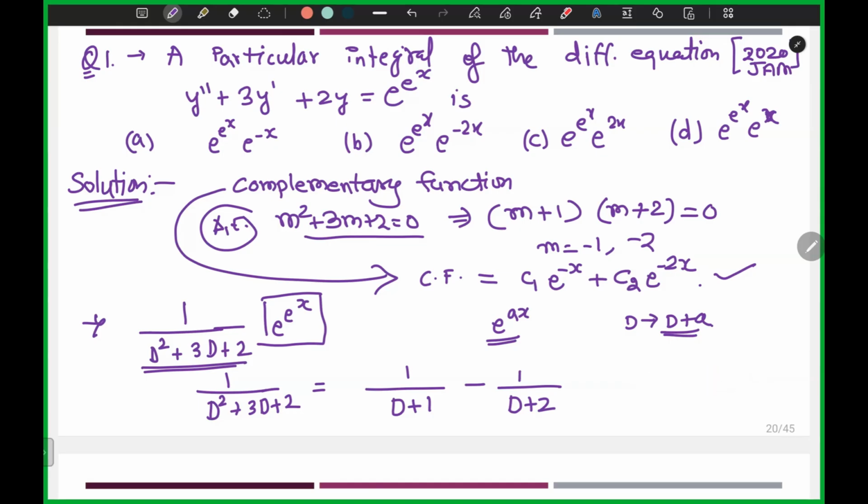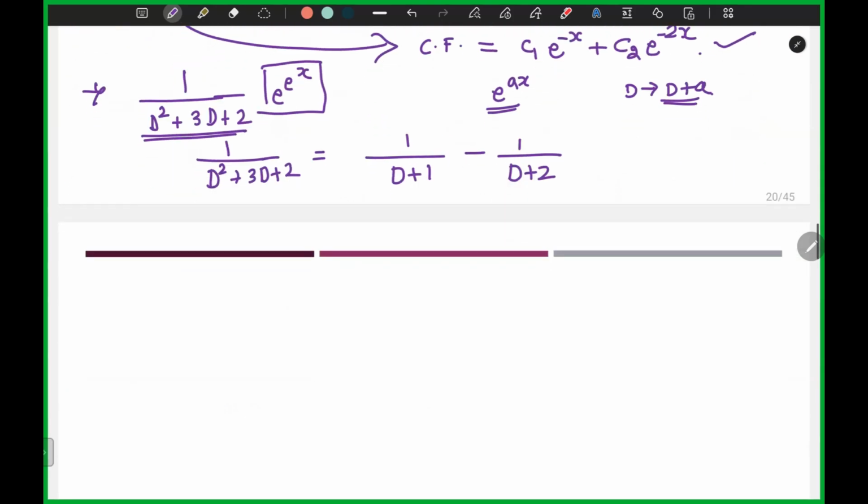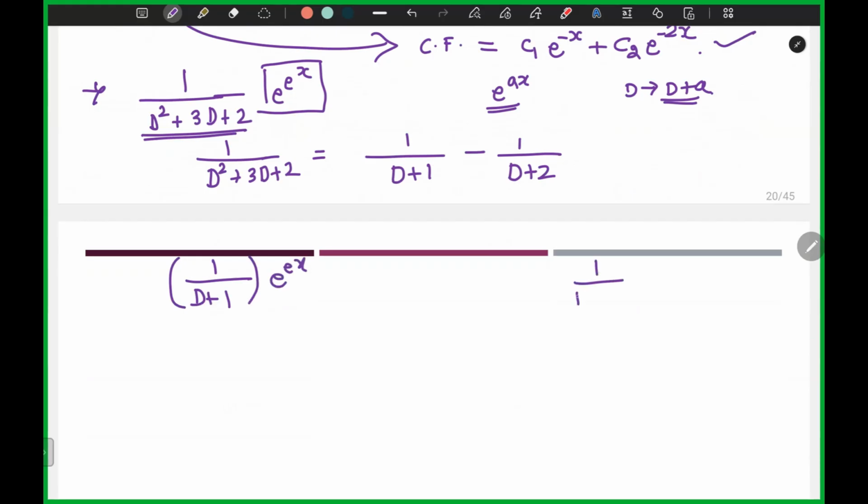So next, you can simply write one part as 1 upon D plus 1 e to the power x, and another part as 1 upon D plus 2 e to the power x, with a minus sign.